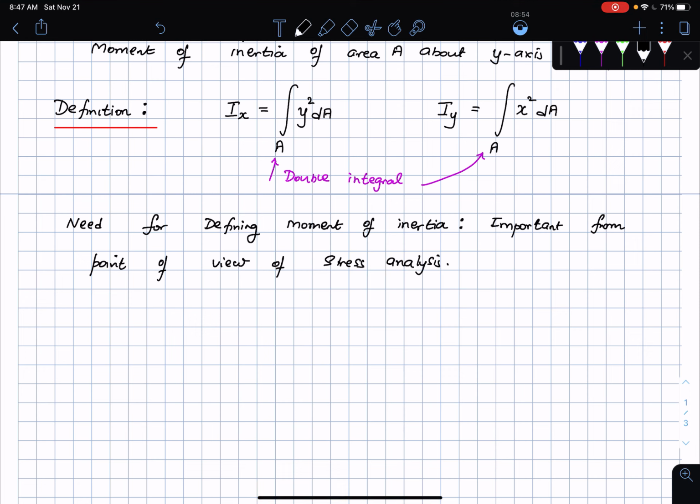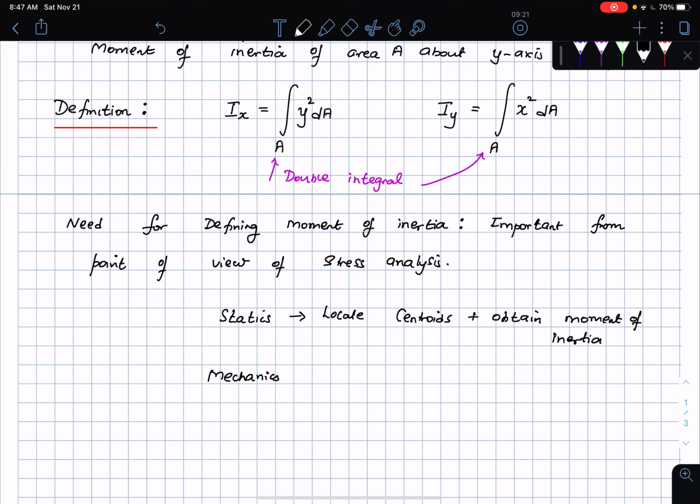Typically in statics, you look at how to locate centroids and obtain moments of inertia. Then in mechanics of materials, you will see how to use these for stress analysis.